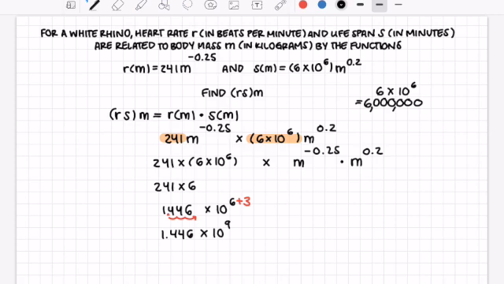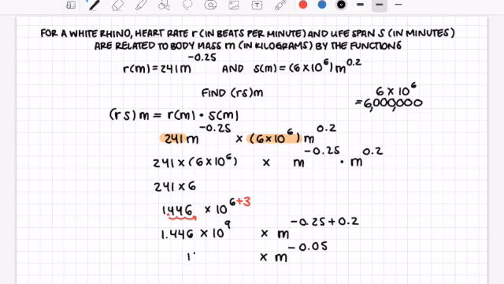On the other side, I'm multiplying M by M, and those exponents are added with each other, so negative 0.25 plus 0.2 equals M to the power of negative 0.05.